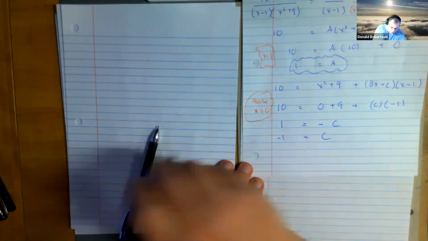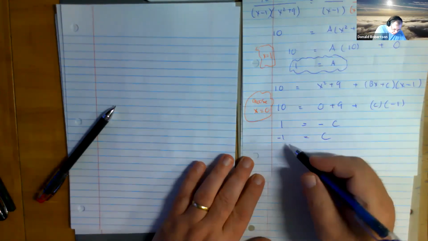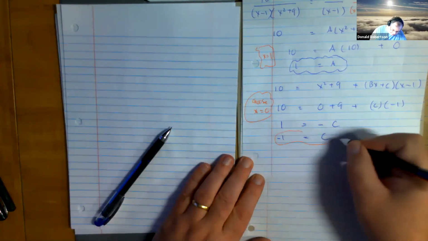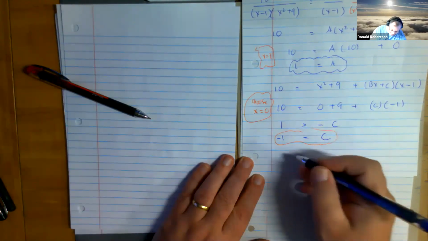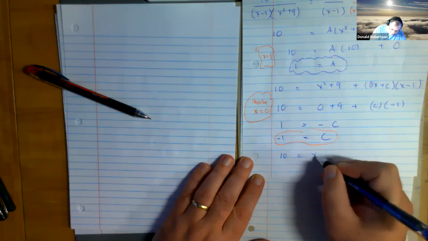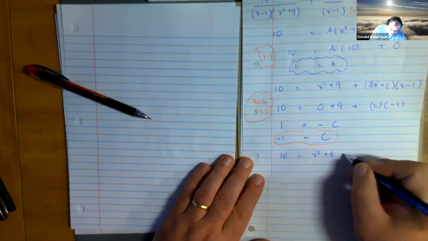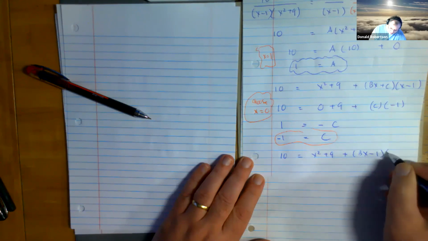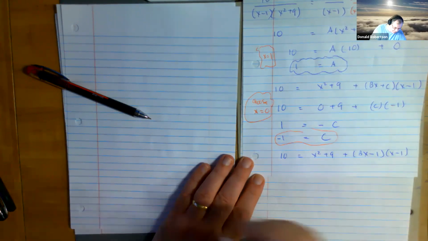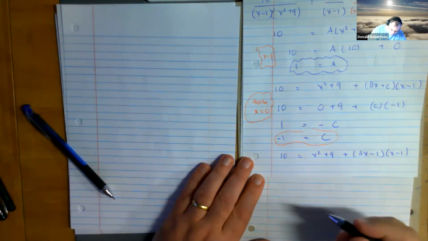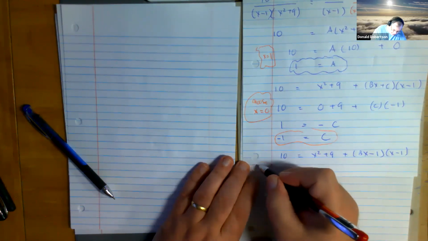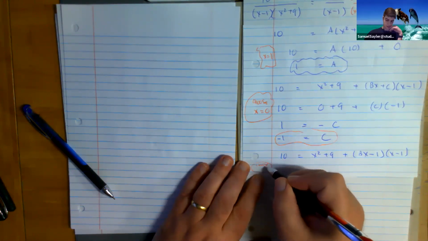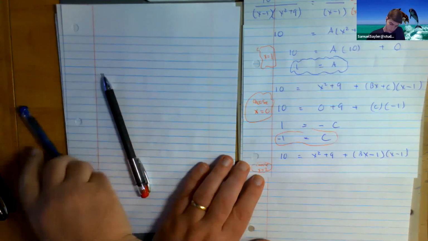Which means we now have, whoops, keep my eye on things, there we go. We now have 10 is equal to x squared plus 9 plus bx take away 1 times x minus 1. So who do we choose for the last one? I chose 2. Why not?